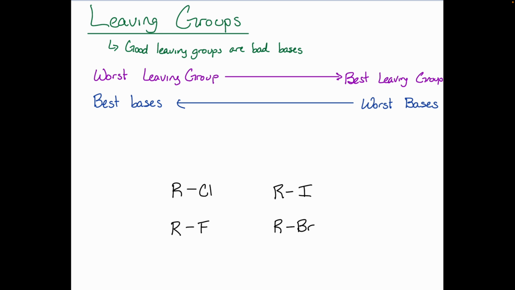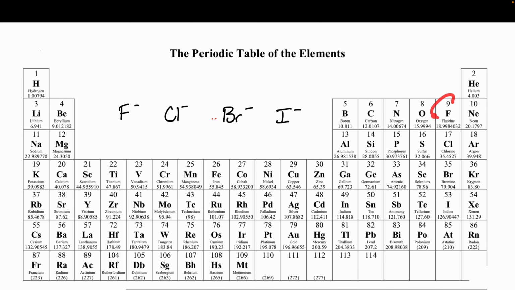According to our Fario rules, if we go to our periodic table here, fluoride, chloride, bromide, or iodide, right? That's the order that they appear here. So which one of these is going to be the worst base, and which one's the best base?